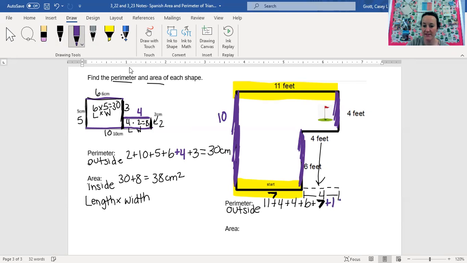So I also have plus 10. Make sure you are getting every single number that is on the outside. Add them together, that's going to give us our perimeter. I believe we get 52 feet for our perimeter.